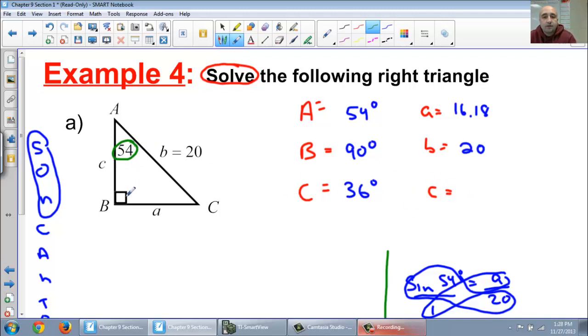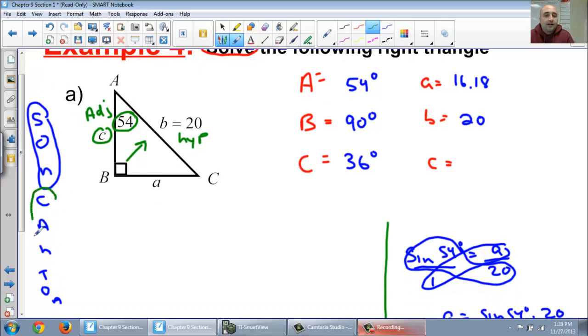This is still the hypotenuse, and c would be the one touching the theta, so we're going to use adjacent. Which trig function uses adjacent and hypotenuse? Hopefully you recognize that that is cosine. So cosine of 54 degrees equals adjacent, which is c, over hypotenuse, which is 20.